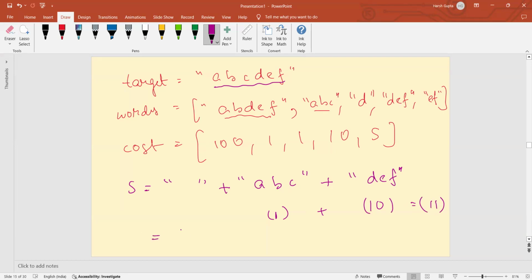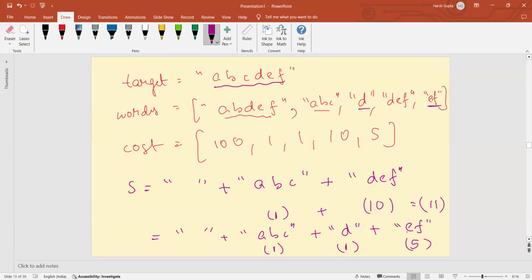The other way is that to this string, you add ABC. The cost of it is 1. Now to this ABC, let's suppose you add D. The cost is again 1. Now to this string, you add EF. If you do so, the cost is 5.